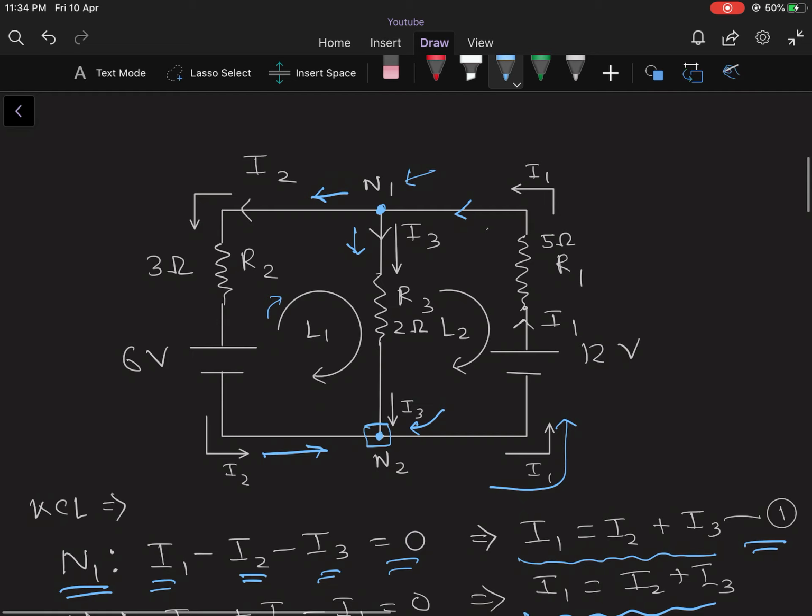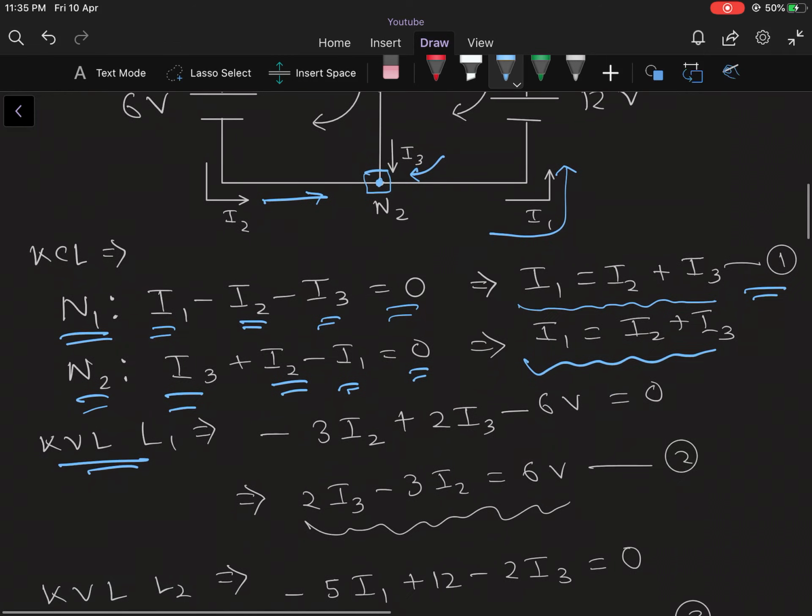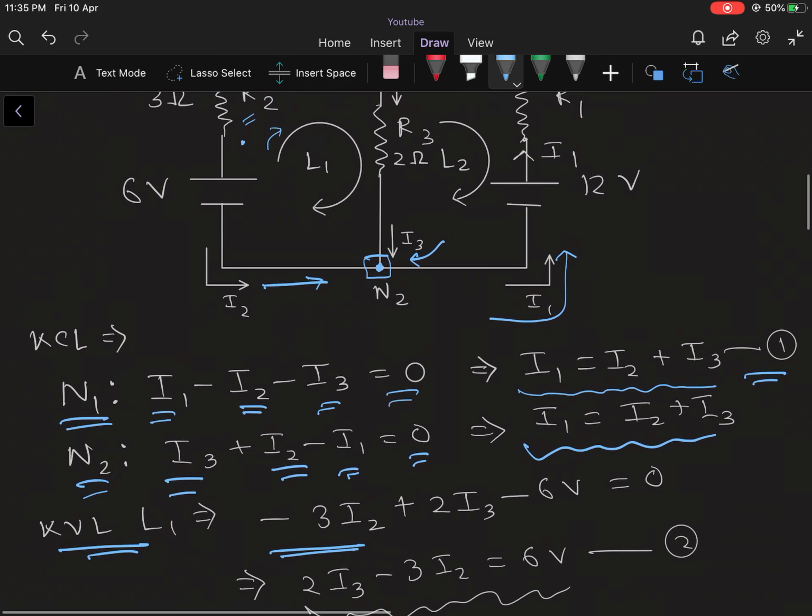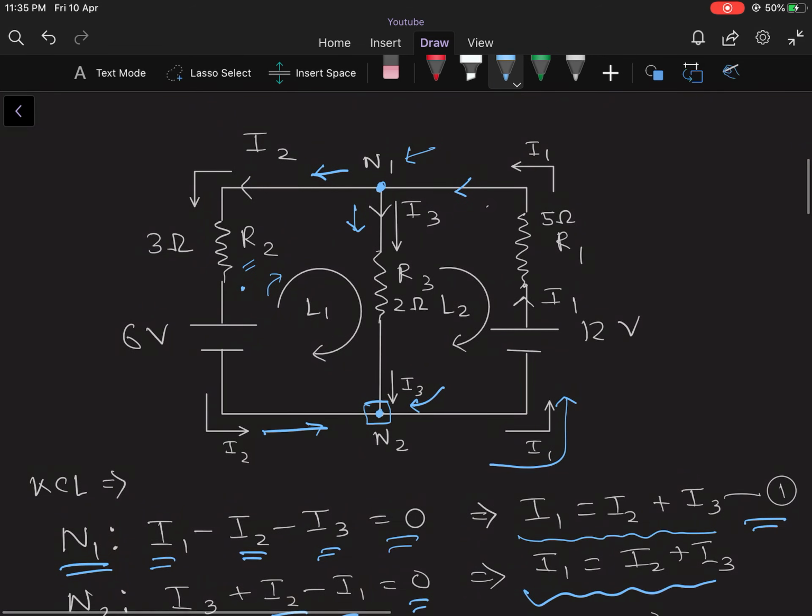Starting from here, we encounter the R2 resistance. The voltage drop across this resistance will be 3 into I2, but we are going in the direction opposite to the current, so we have to take the voltage as negative. The voltage drop will be minus 3 I2.